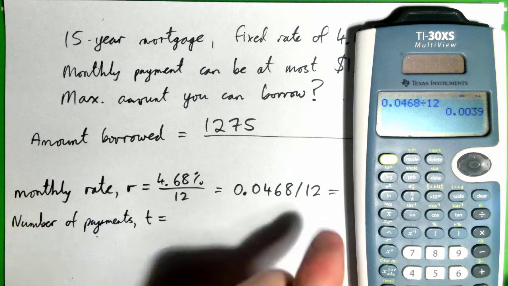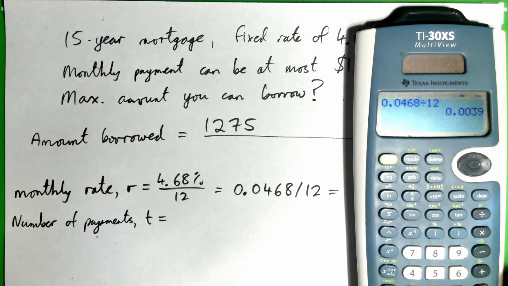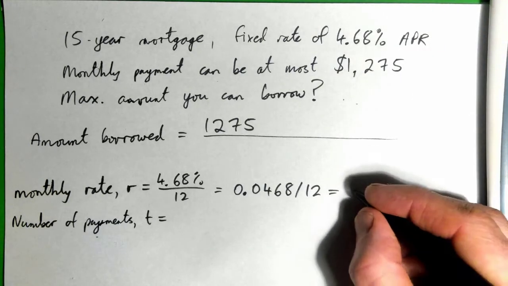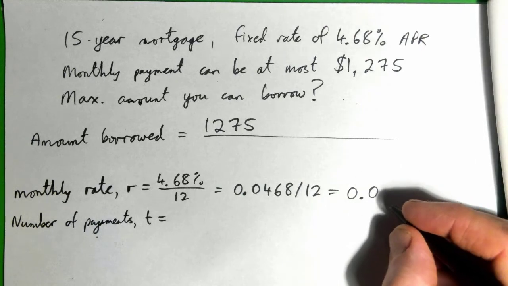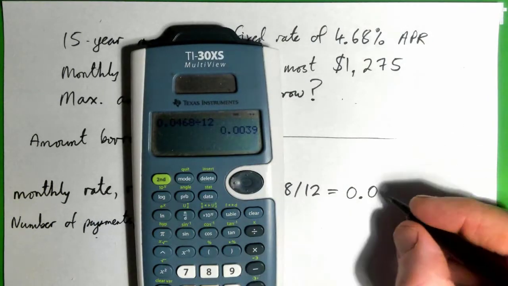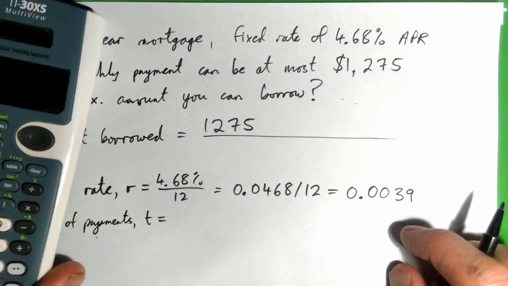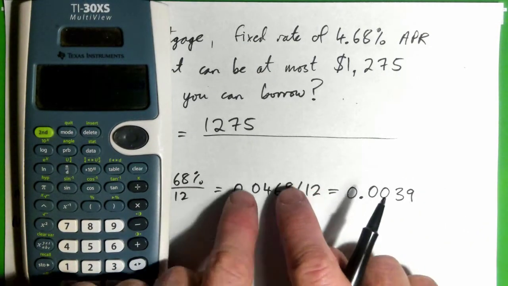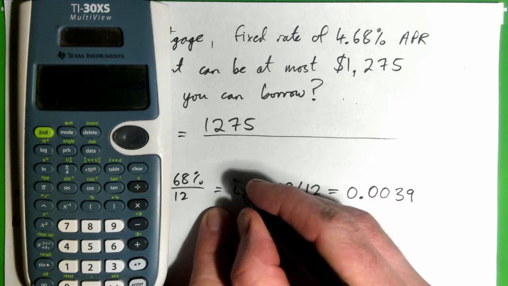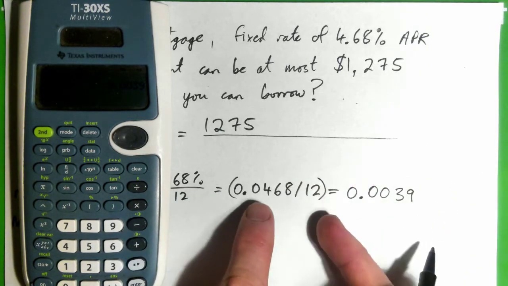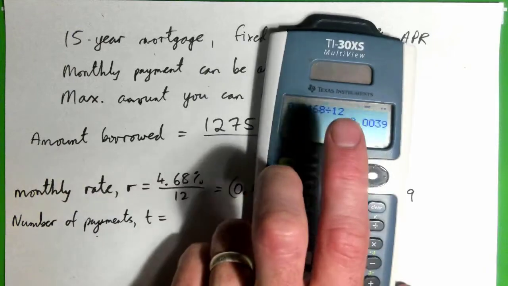Look at that. It's a nice, clean 0.0039. We could probably just use that for R. We could put the whole thing in with the parentheses as well if we wanted to, but we can use that.